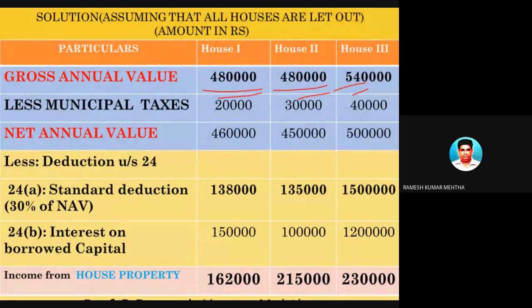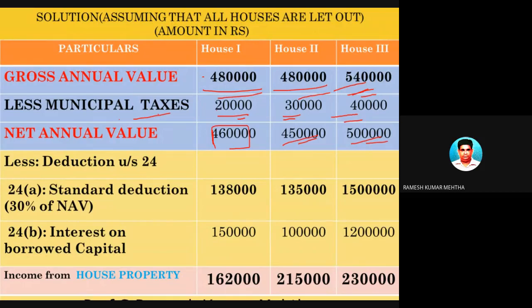Now municipal taxes are 20,000, 30,000 and 40,000 rupees. So 4,80,000 minus 20,000 is equal to 4,60,000. Municipal taxes paid: 4,80,000 minus 30,000 is equal to 4,50,000. And in the third case, 5,40,000 minus 40,000 is equal to 5 lakhs.